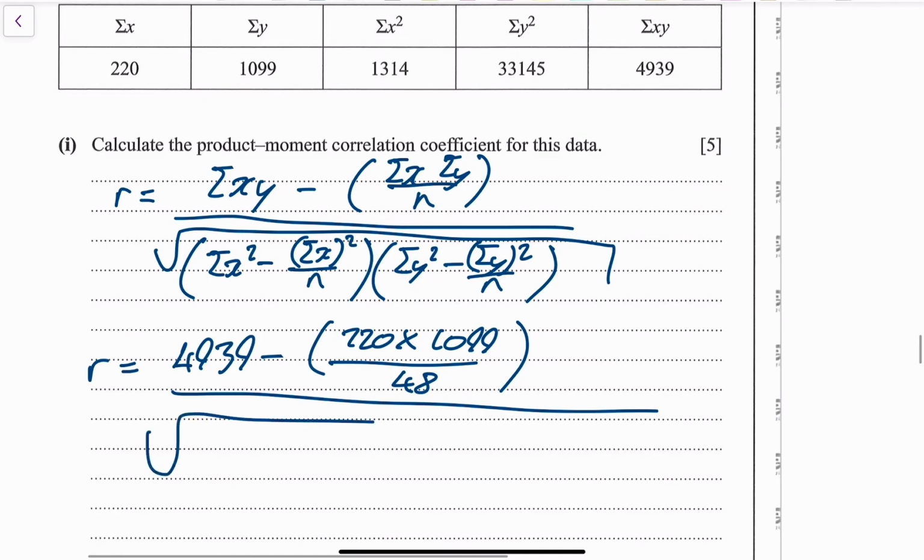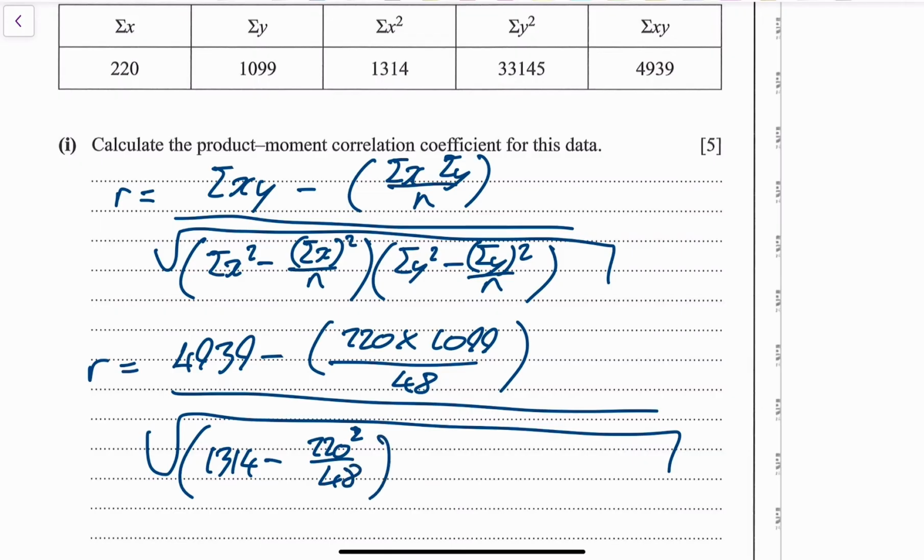Your bottom line is, my sigma x squared is 1314 minus my sigma x, which was 220, squared, divided by 48, and that was times my sigma y squared, which was 33145, minus my sigma y, which was 1099, squared over 48.